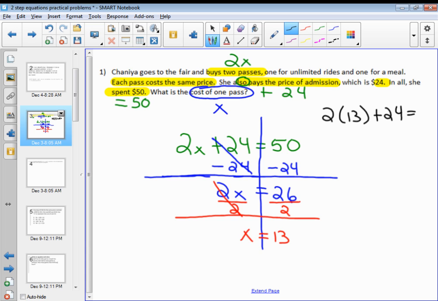Well, I know cost means I have dollars, so I need to make sure my answer has a dollar sign with it so I know what my unit is. Now, just like two-step, we need to check our answers. So 26 plus 24 gives me 50, and 50 equals 50, so my answer works.